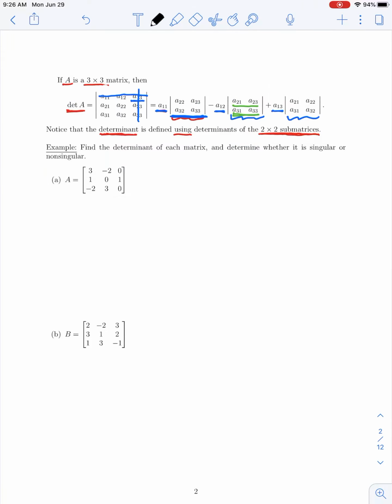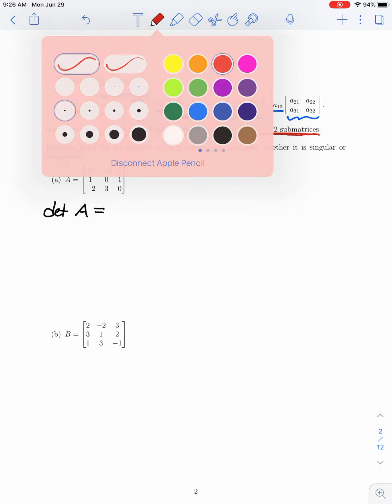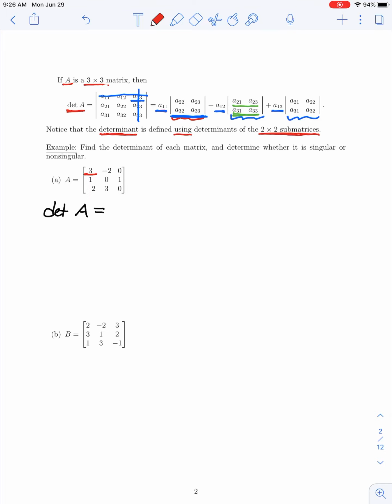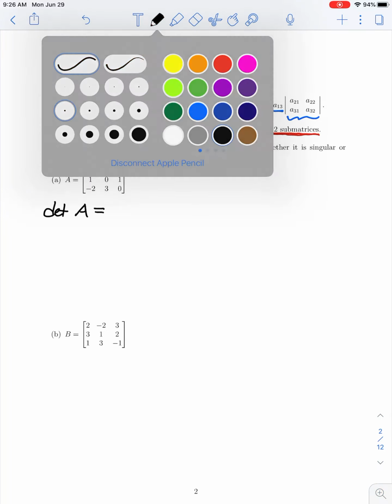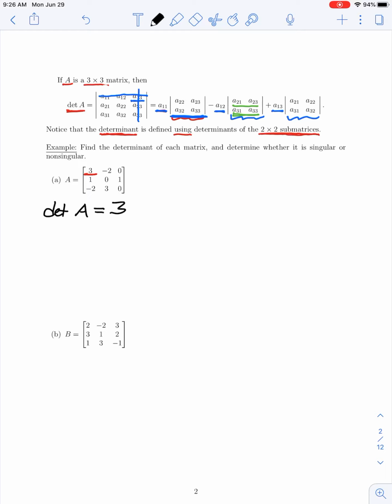So in this first example, working with a 3 by 3 matrix, the determinant of A would be calculated by taking the first entry in my first row, which was 3, times the determinant of the 2 by 2 submatrix we get by deleting the row and column that 3 lied in. So that would leave me with a submatrix 0, 1, 3, 0.